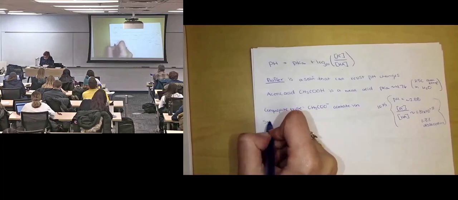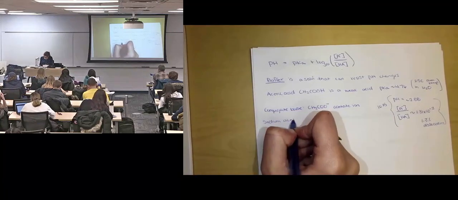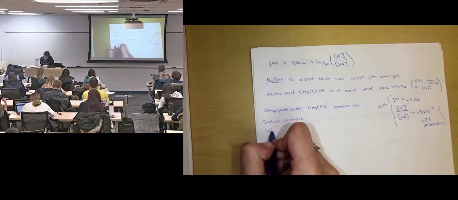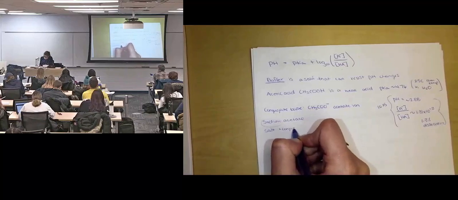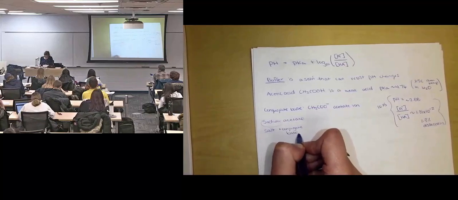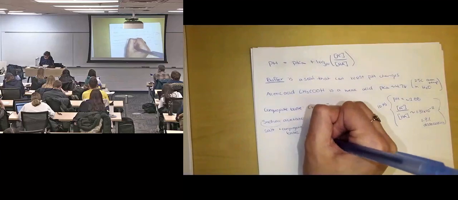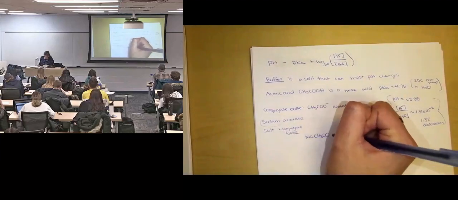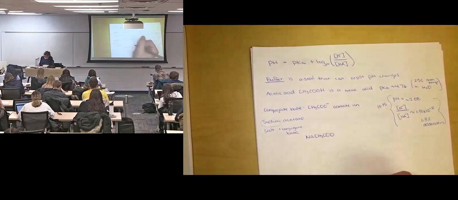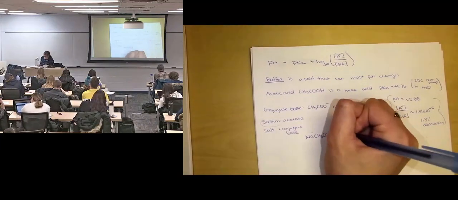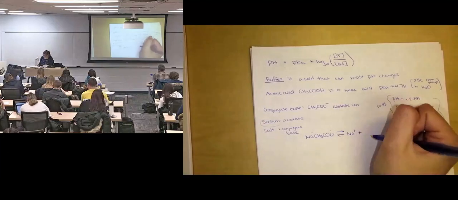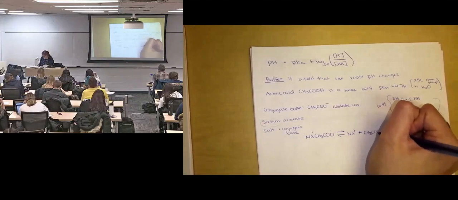In this case, it could be sodium acetate, or like I said, just some salt plus conjugate base for whatever I'm trying to make my buffer out of. And so then I have NaCH3COO, and then when I put it in water, it dissociates completely into sodium ions and my conjugate base.